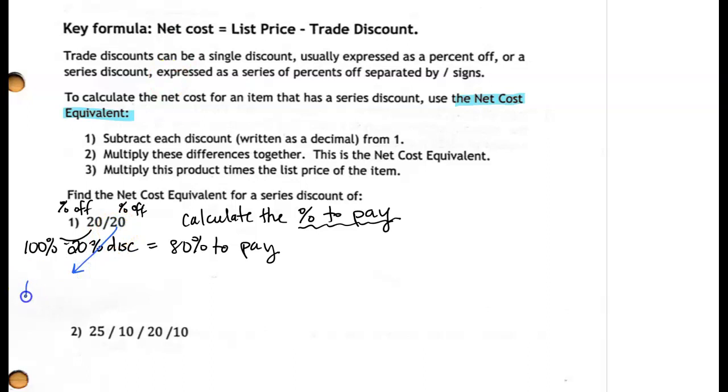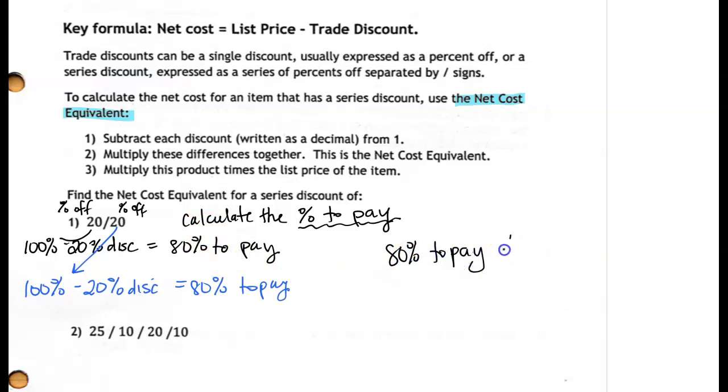That one's going to be 100% minus the 20% discount. So again, 80% to pay. And you're going to put each one of those discounts together. So 80% to pay times another 80% to pay.